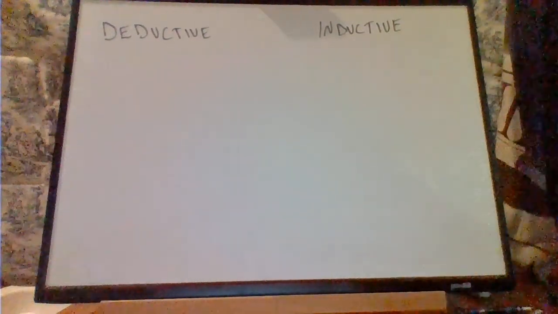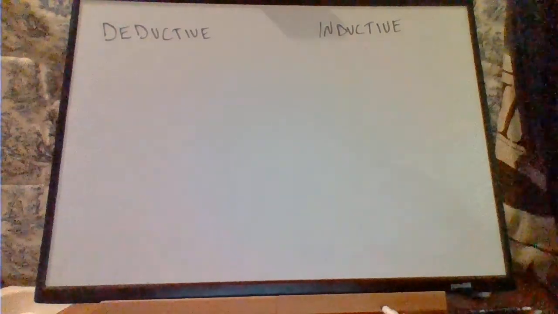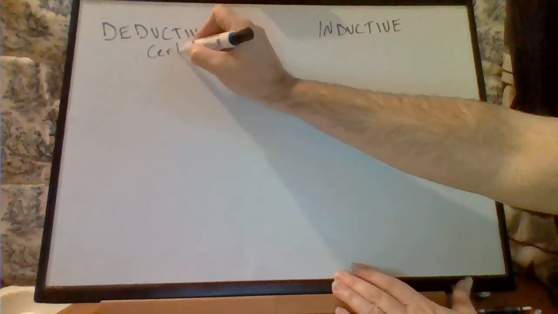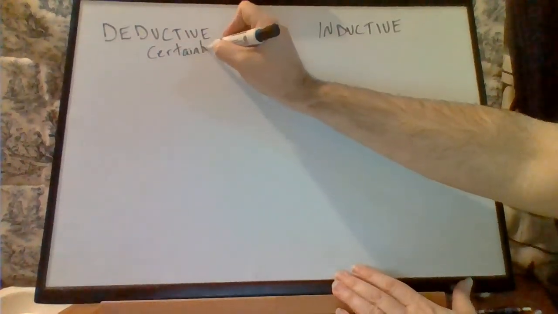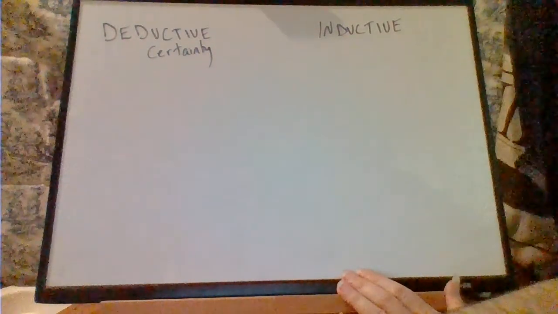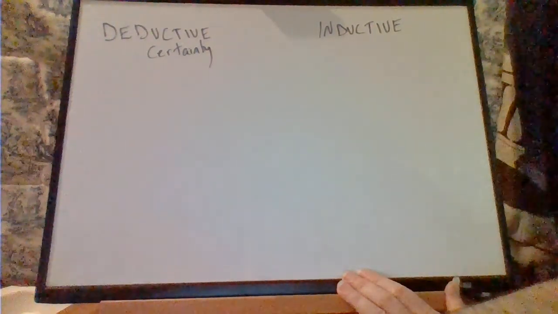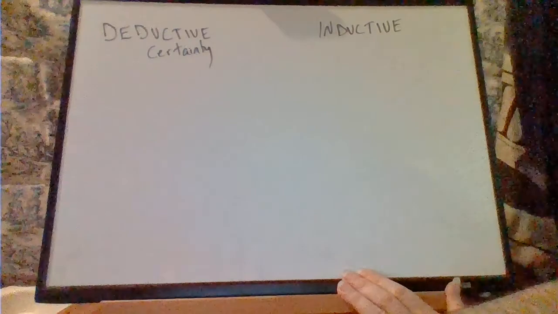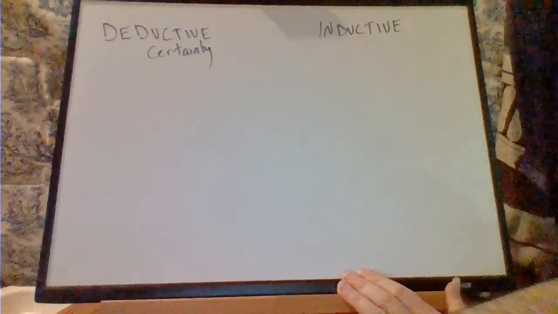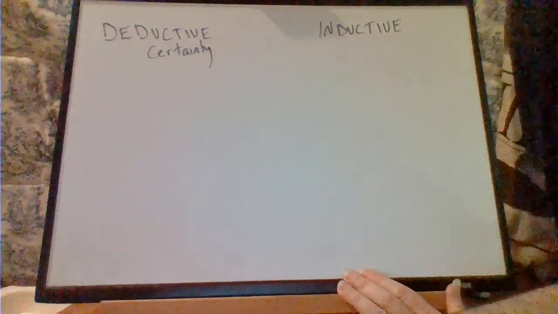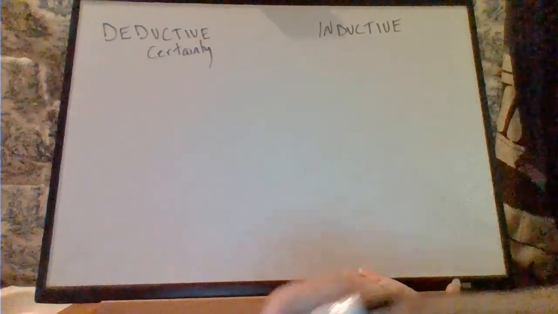Now, with a deductive argument, you are dealing with certainty. If your premises are true, you will be forced to accept the truth of the conclusion. There's no way around it. Okay? If the premises are true, you are forced to accept the truth of the conclusion.